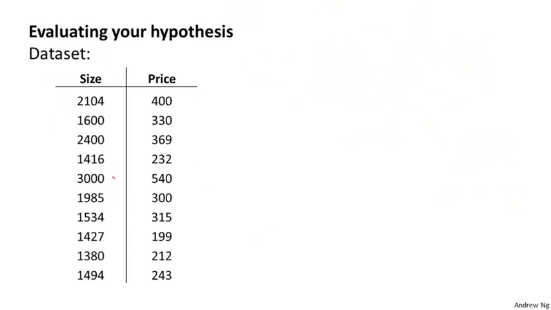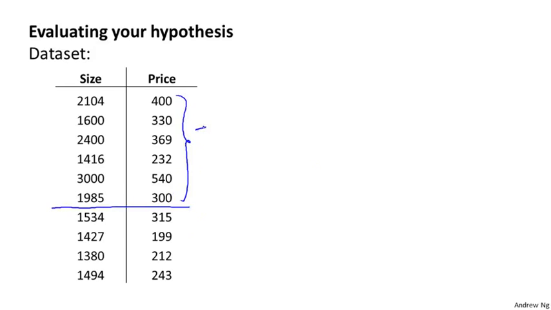To address this problem in a model selection setting, if we want to evaluate a hypothesis, this is what we usually do instead. Given a data set, instead of just splitting it into a train and test set, we're going to split it into 3 pieces. The first piece is going to be called the training set, as usual.